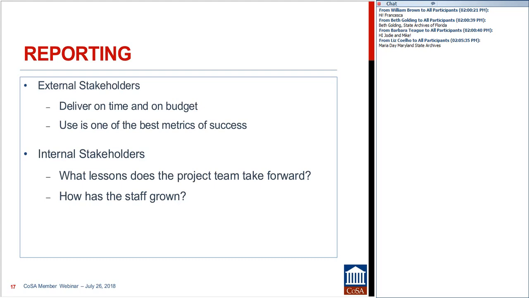What that means is that along the way, as a project manager, it's probably going to be your job, and it should be your job, to report on the process of the execution of the project and its success or not success. And so reporting is really important both for external stakeholders who may be an outside funder or legislature. It could be anyone in an external role.